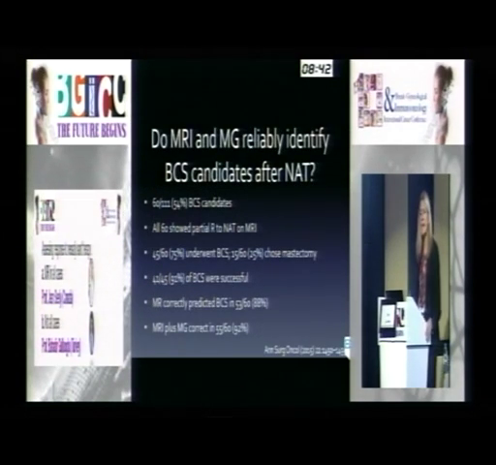Looking at their group of 111 breast conservation surgery candidates, they showed that in those patients that showed partial response to chemotherapy on MRI, 75% underwent breast conservation surgery, and in 91% they were successful.